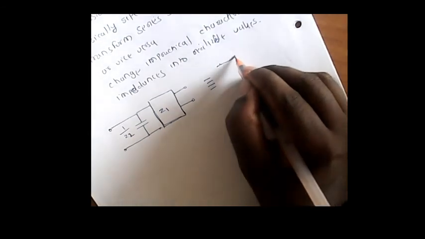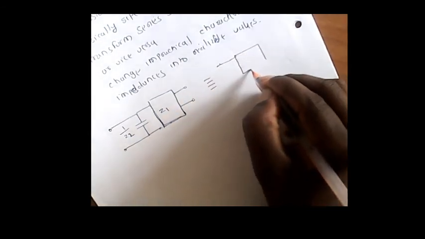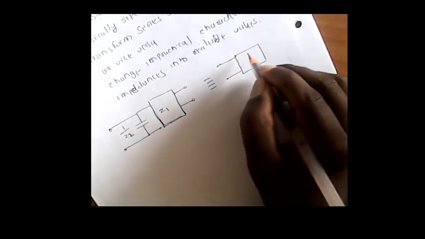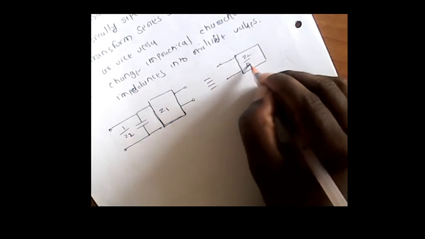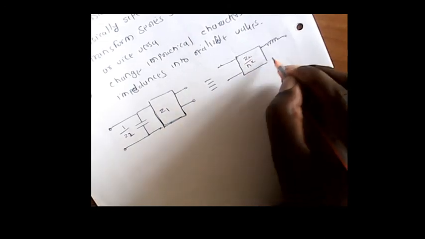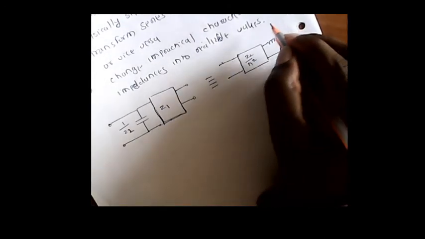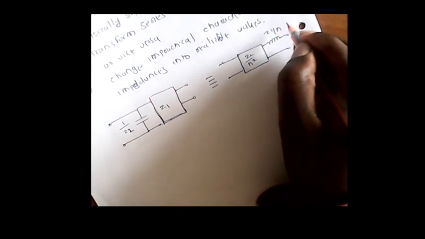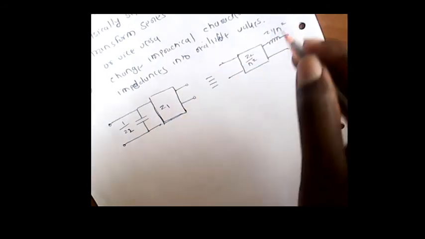So it comes out like this, with Z2 n square replaced by Z1 n square. This is Kuroda's first identity.